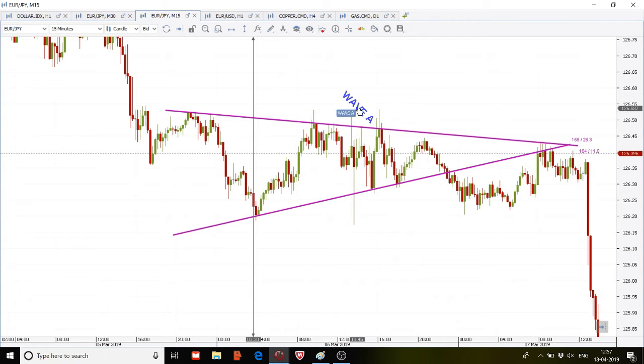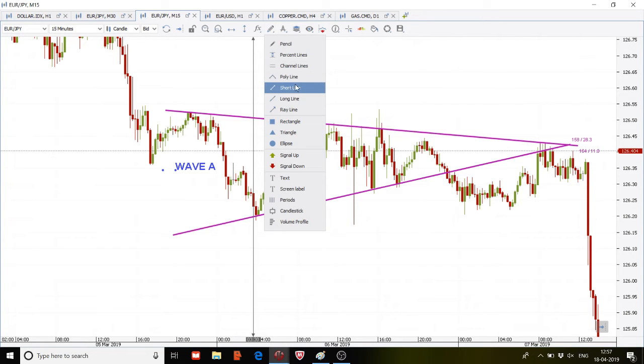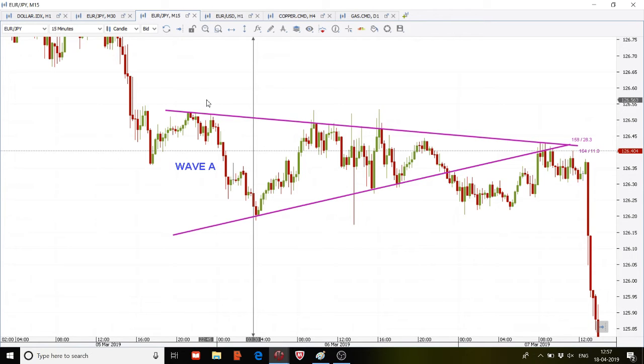This is wave A. We have got enough space, so this will be wave A. Roughly we have got two or three waves in itself, that's why you can name it wave A. You have got the internal waves in it.